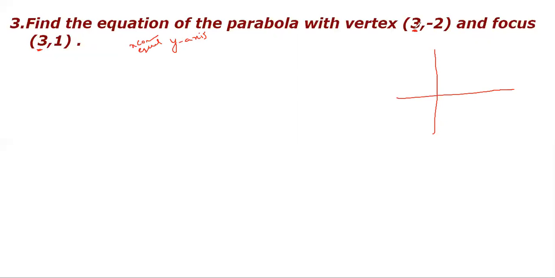Let me take the vertex, which is 3 comma minus 2, in the fourth quadrant. Taking 1, 2, 3 here, and minus 1, minus 2 here, you will get 3 comma minus 2. The focus, which is inside the parabola, is 3 comma 1.